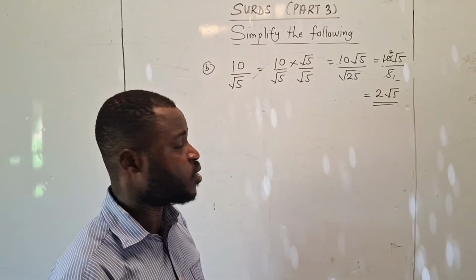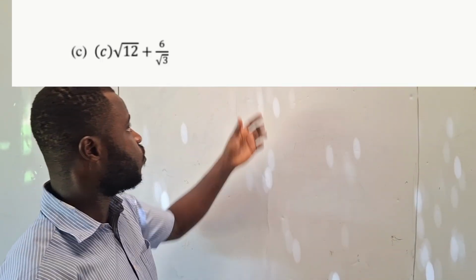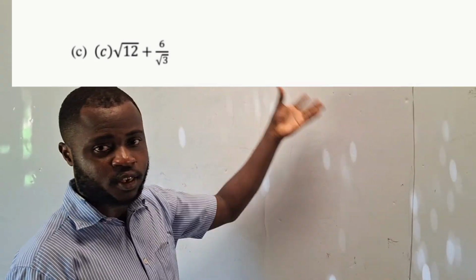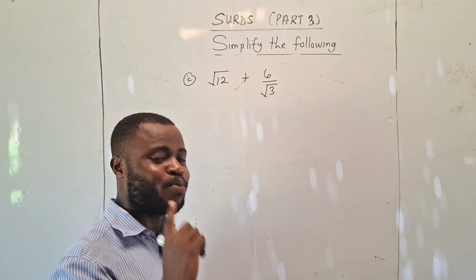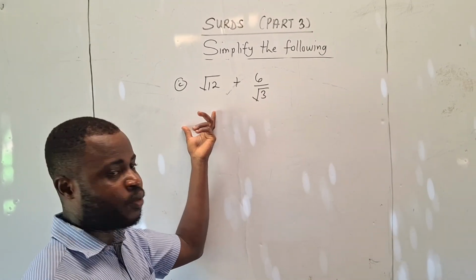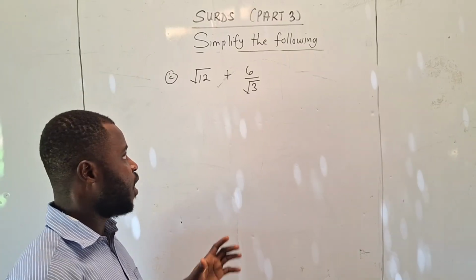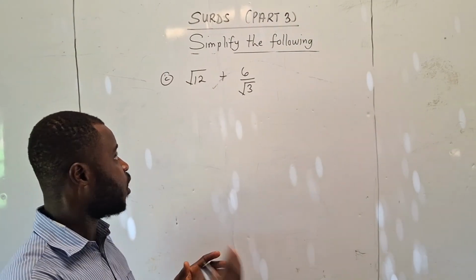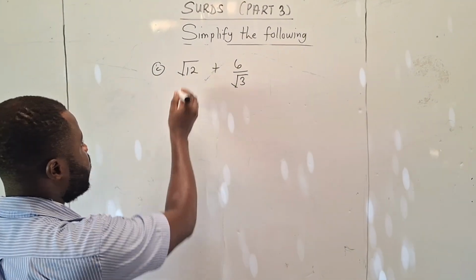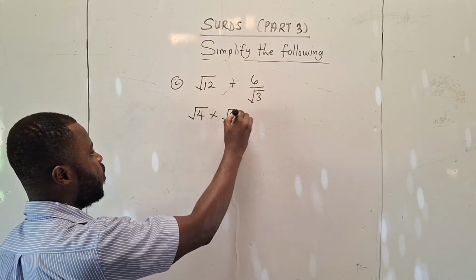Let's take another question involving this identity. Now you can see this is a combination of the simple surd and the fraction surd. In my previous video, you know this is root 12, so we have to break it down. One of the numbers should be a perfect square, and the perfect square that multiplies another number to give you 12 is 4. So root 12 will give you root 4 times root 3.